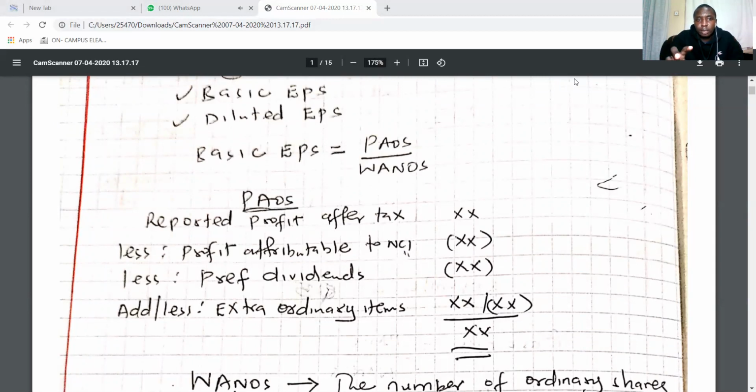So you subtract the preference dividends. Then after the preference dividends, you add or subtract extraordinary items.